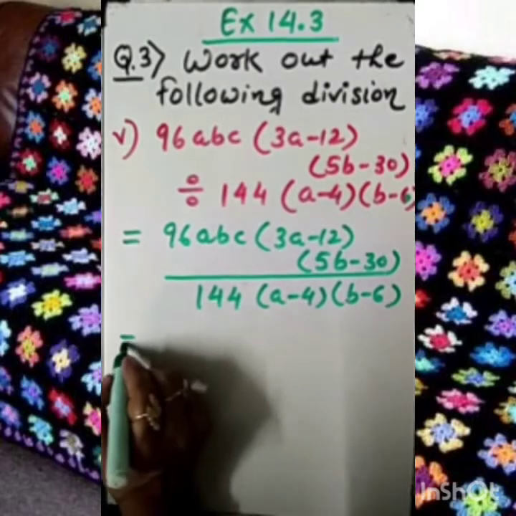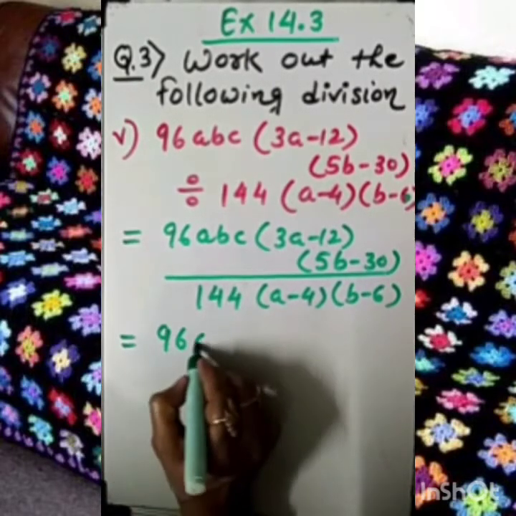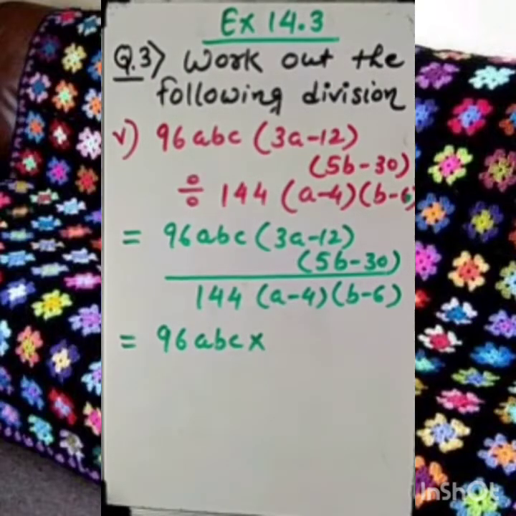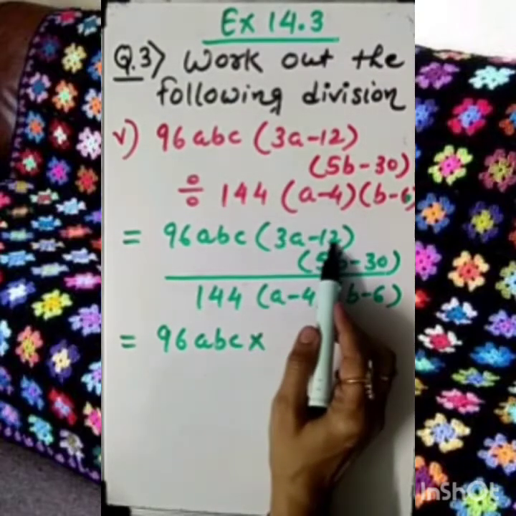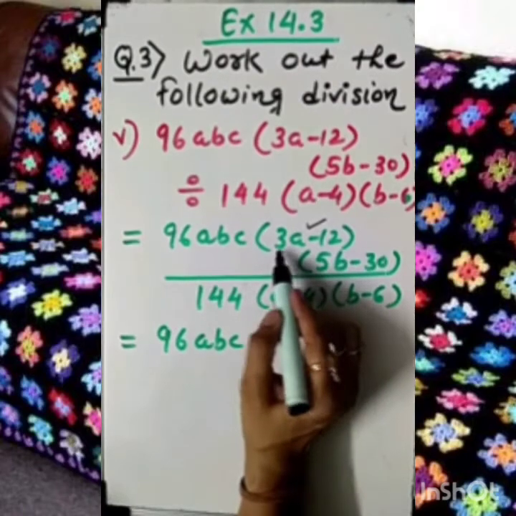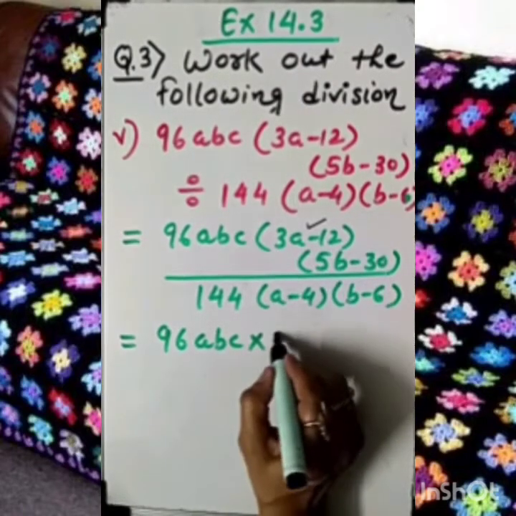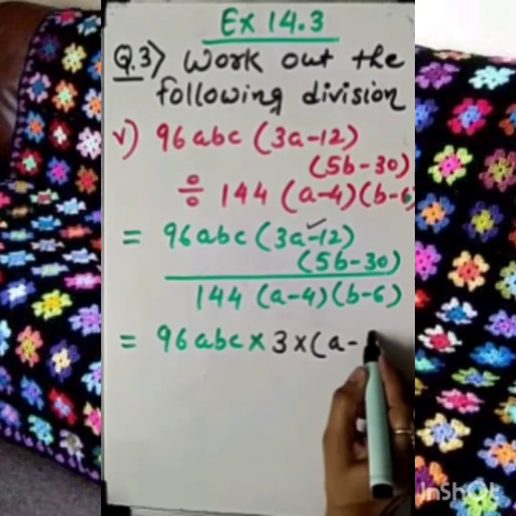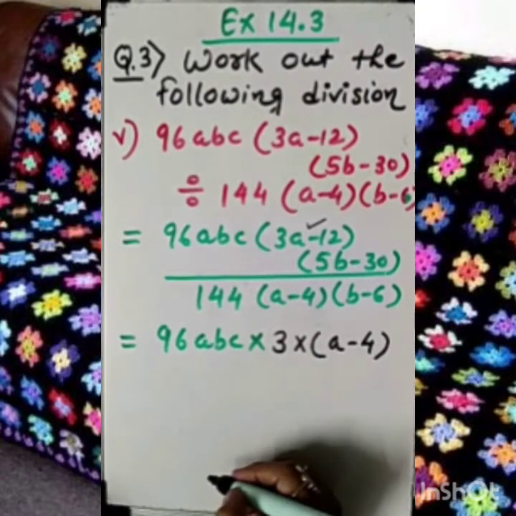In the numerator, this 96abc is already there. Let it be. Now focus on this. What should we take out common from 3a minus 12? 3 ones are 3, 3 fours are 12. So I can take out 3 as a common factor, so a minus 4 will be left inside.